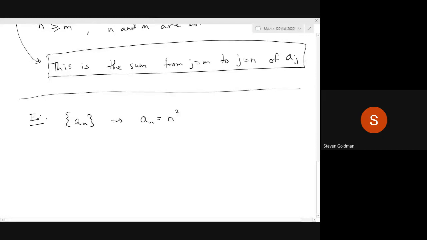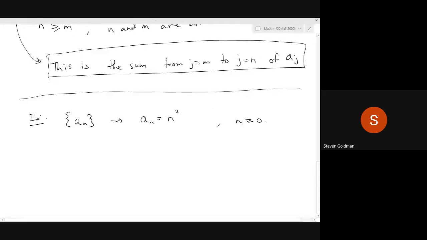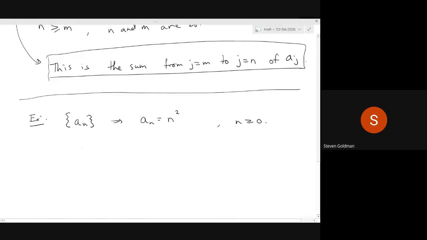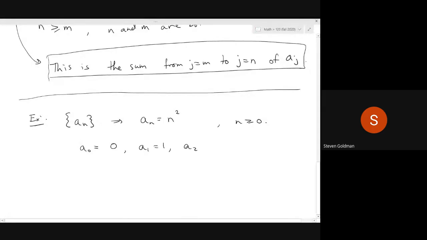So let's say I want to add up a couple of the terms of this sequence. Let's say this sequence starts from n greater than or equal to 0. So let me write out first what the first few terms are. A0 would be 0, A1 would be 1, A2 would be 2.